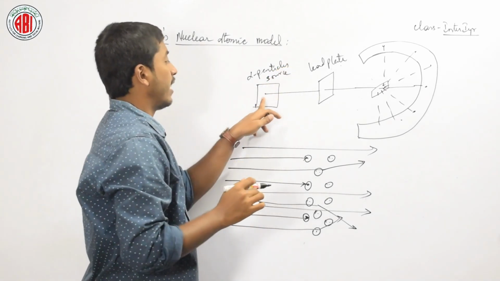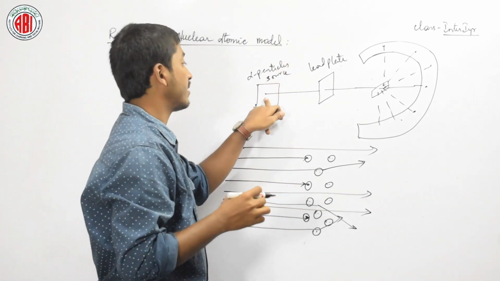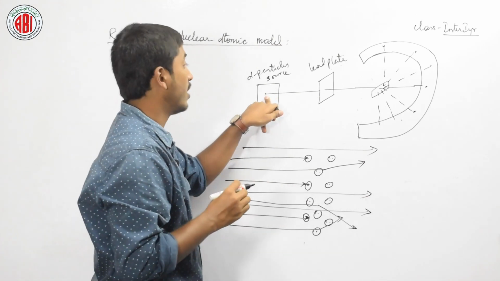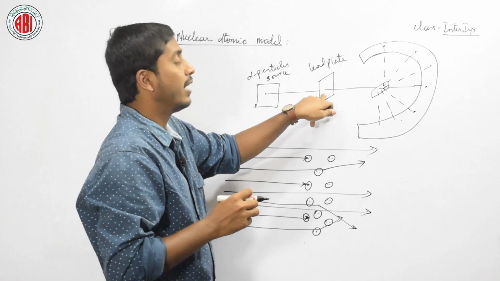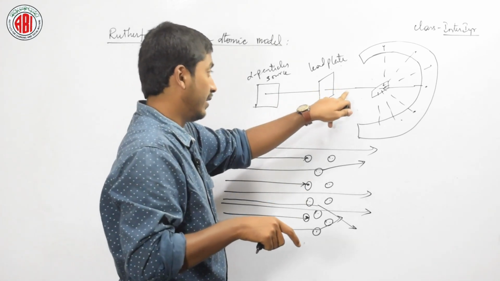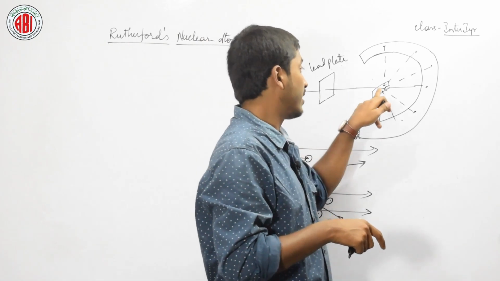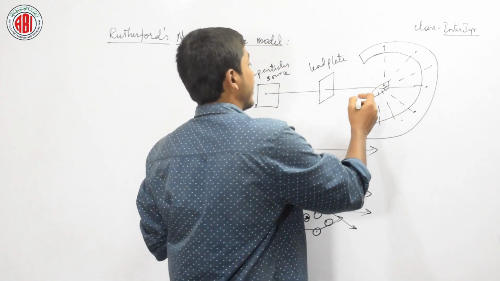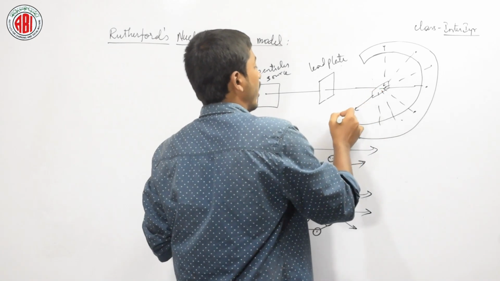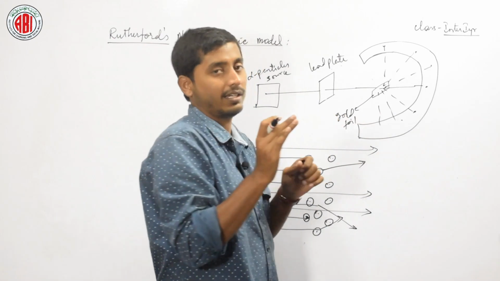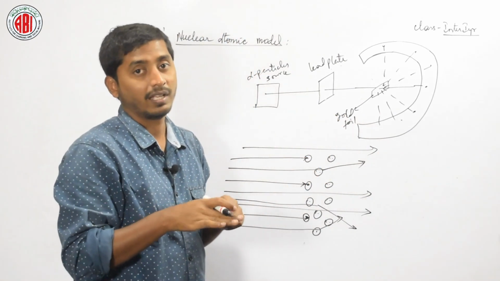From this source, the alpha particles travel and get incident on a lead plate. They pass through the lead plate, then this alpha particle ray goes and is incident on a thin film of gold. This is a gold foil, which is completely like a thin film.